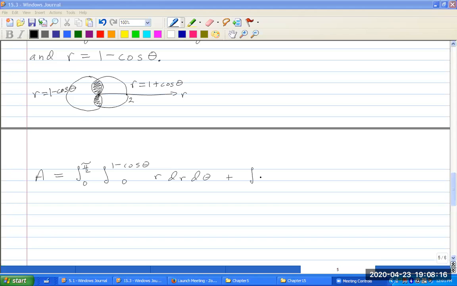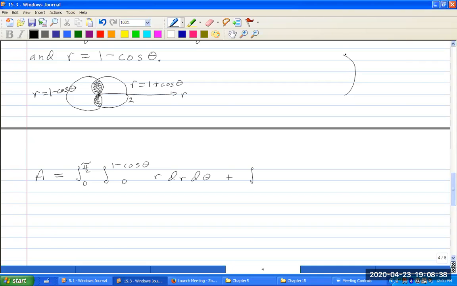Question: how do you pick the bounds of the integral? Yes, so that's what I'm doing. So here's my region. So let's draw this. I've drawn this is r equals 1 minus cosine theta, and this is between the angle theta equaling 0 to pi over 2.